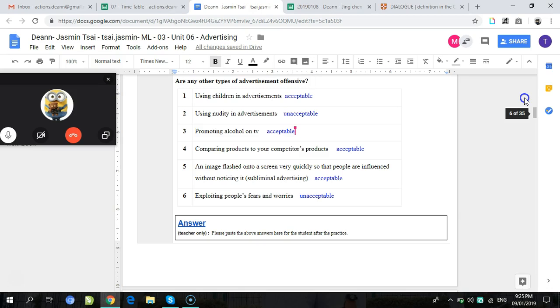So avoid alcohol. That would be accepted, I think. Okay. So is there anything else that you want to add in that part?